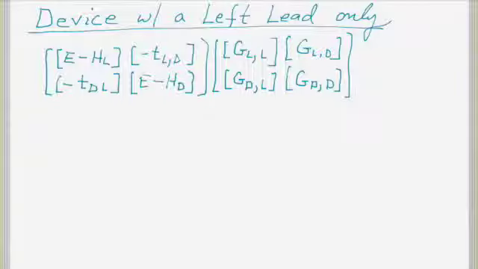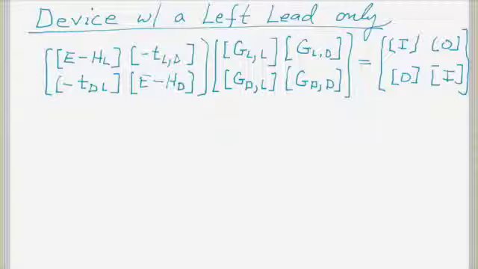The only thing that's finite is the DD block, down in the lower right. And that's going to equal the identity matrix out here.